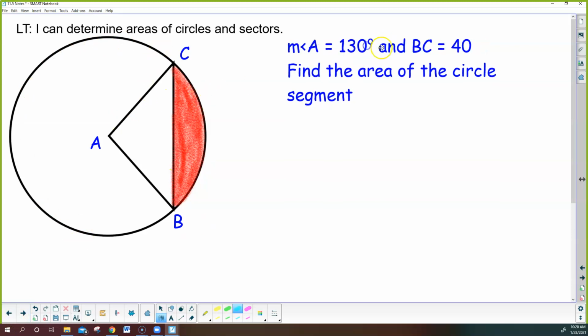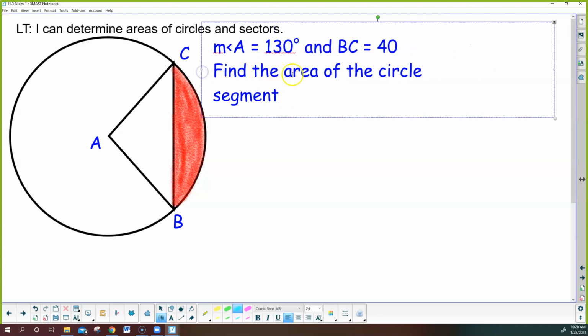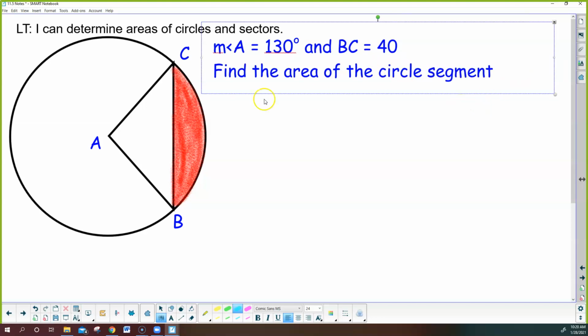Instead of writing this, you could include the information in here if you need it. But our goal is to find the area of the circle segment. So that is this red shaded area.